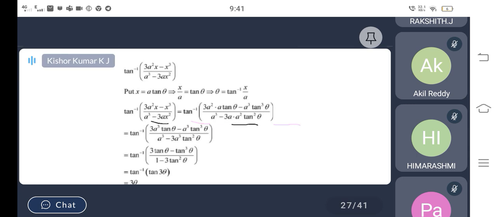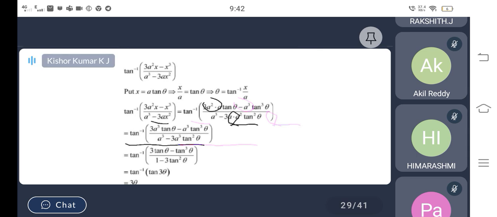Now after this you can observe we can easily multiply a into a square, correct? And also in the denominator a into a square. So the problem will get into the form tan inverse of 3a cube tan theta minus a cube tan cube theta divided by a cube minus 3a cube tan square theta.